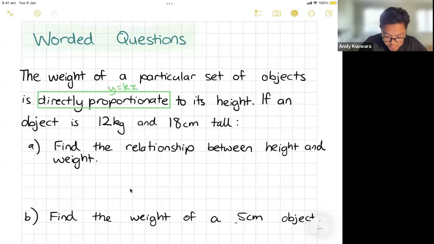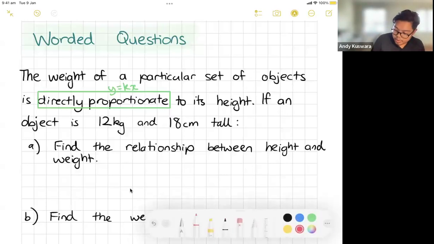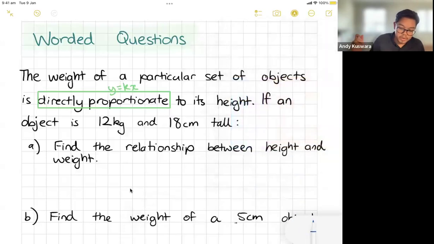Now it says if an object is 12 kilograms and 18 centimeters tall, the first part is find the relationship between the height and the weight. So I'm going to show you where I would start. Normally for a question like this, I see the words directly proportionate, and even without thinking too much, I'm going to write down y equals kx.